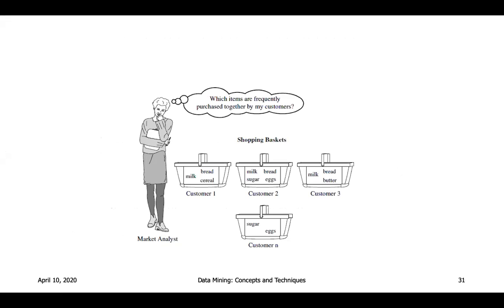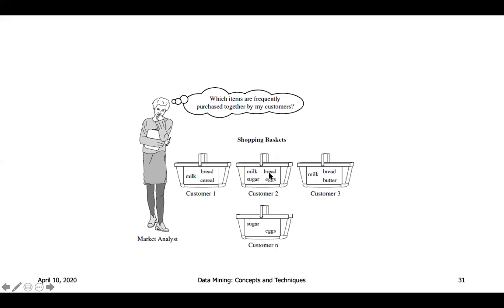Okay. Now, what is this diagram showing here? There is a market analyst, like the example of the dairyman I gave you. He is searching for the items which are frequently purchased together by his customers. Customer one is buying milk, bread, and cereal. He is observing these customer shopping baskets.